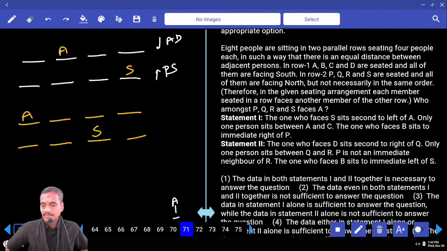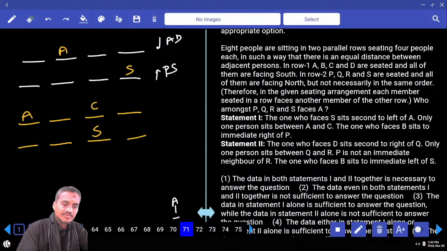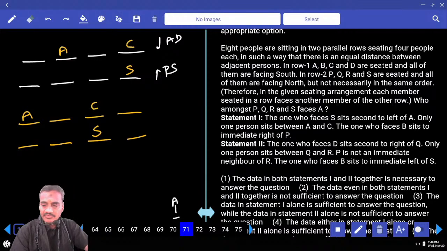Then next one. The one who faces S sits second to the left of A. Only one person between A and C. And the one who faces B sits to the immediate right of P. Can we have B at this place?